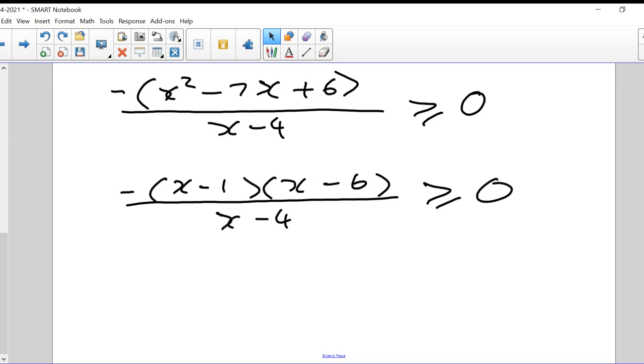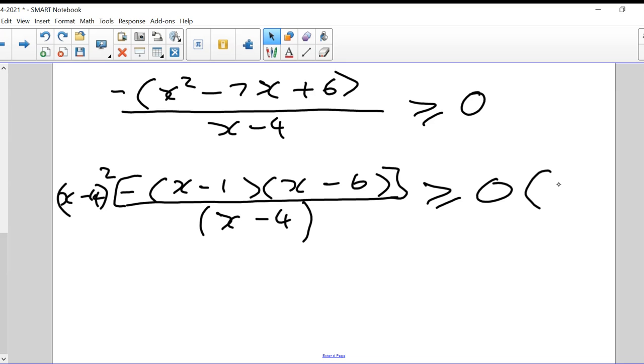But now that I have a 0 on one side, what if I multiplied both sides of this equation by x minus 4 squared? So all of this is being multiplied by x minus 4 squared.